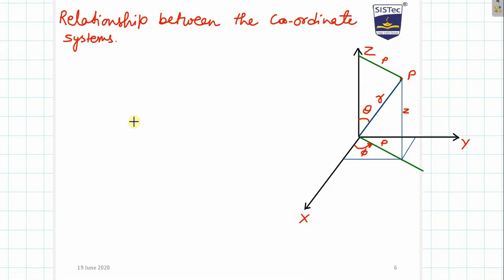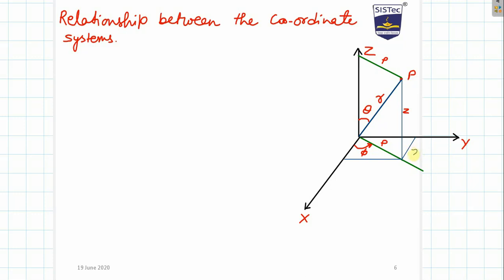So now you see that this one is your rho vector. It can be resolved along the x-axis and along the y-axis. If rho is resolved along the x-axis, then it is rho cos phi. This is your x counterpart.